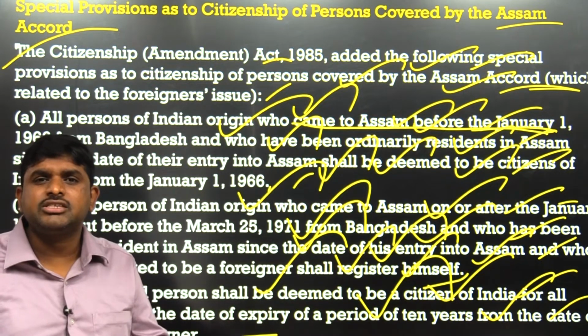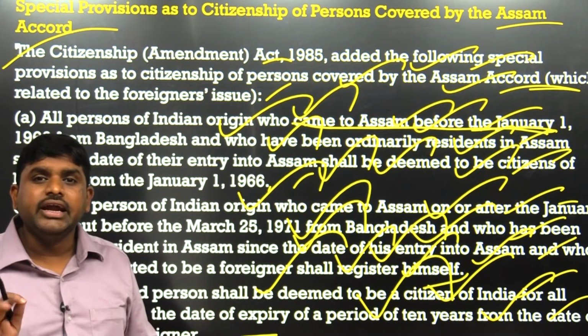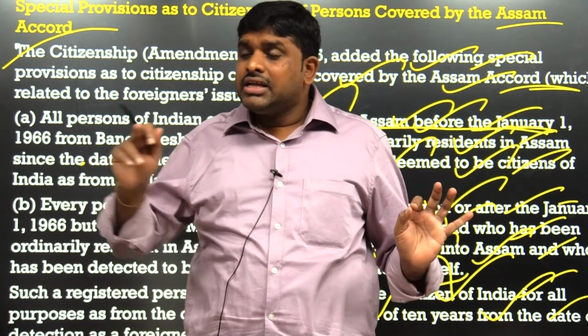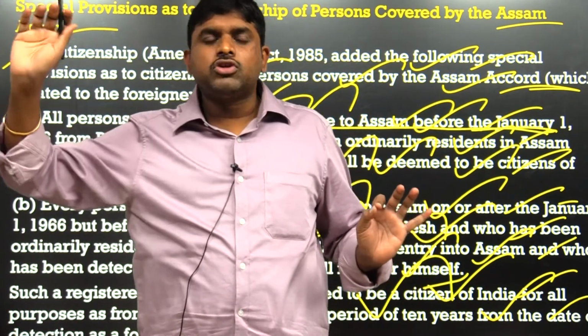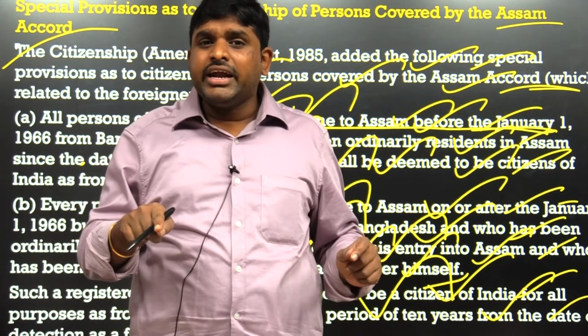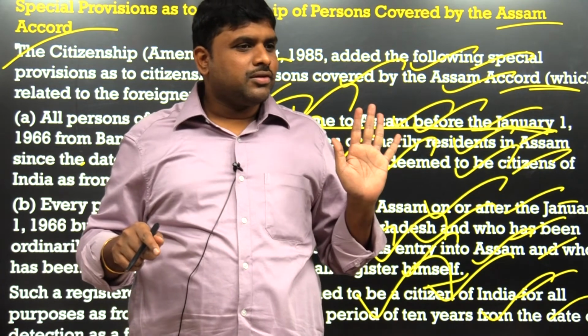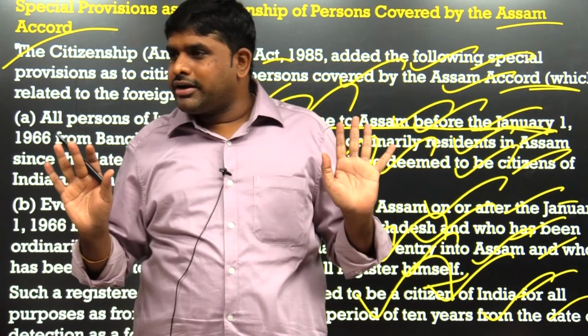Rajiv Gandhi became Prime Minister in 1984 only. This Assam Accord, people appreciated it. Then they came up with the Mizo Accord. The Mizo Accord was also successful. But who violated the Assam Accord? Government only. Government only violated it.